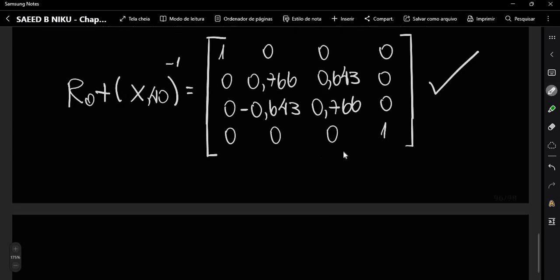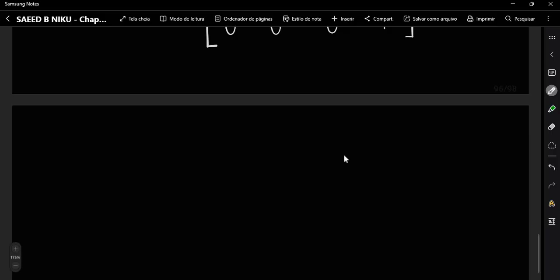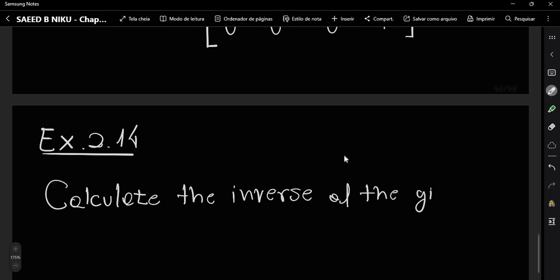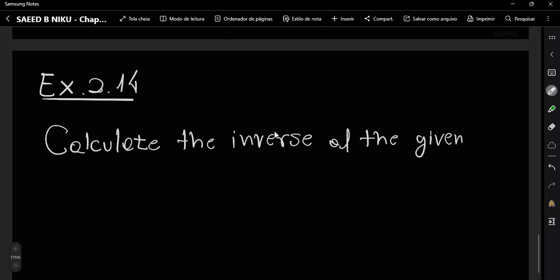Right now, let's solve example 2.14. It asks us to calculate the inverse of the given transformation matrix.